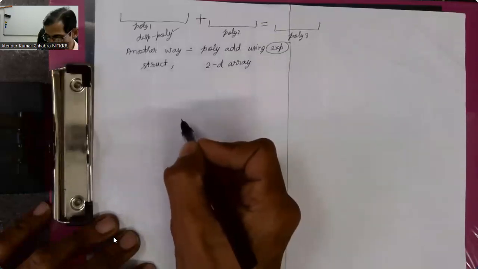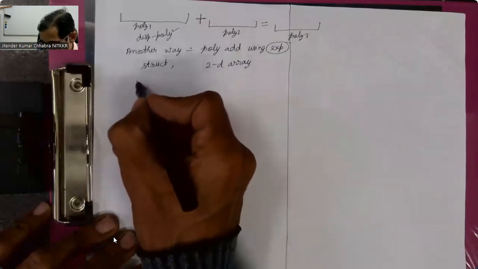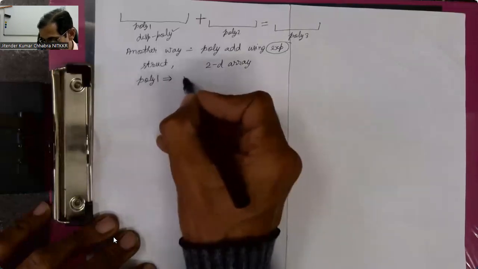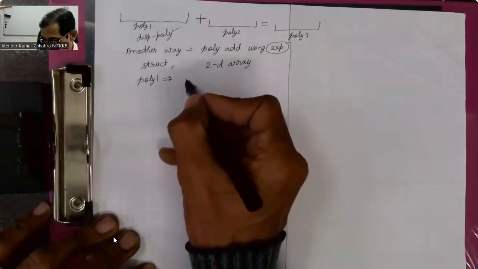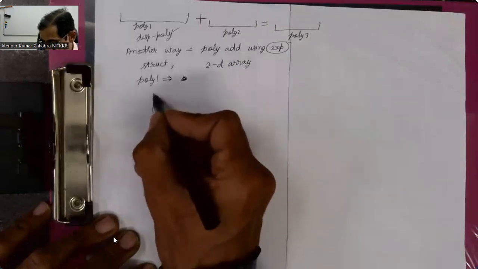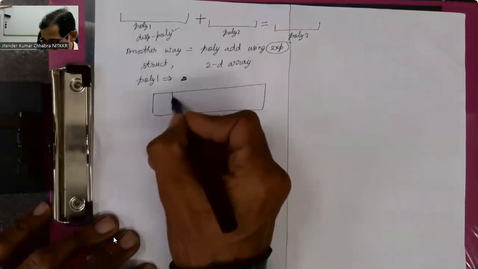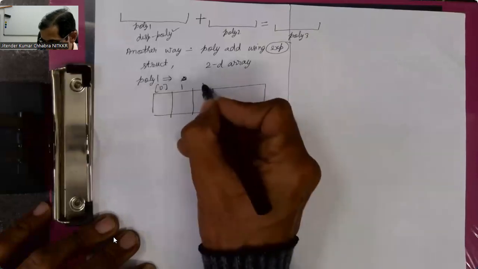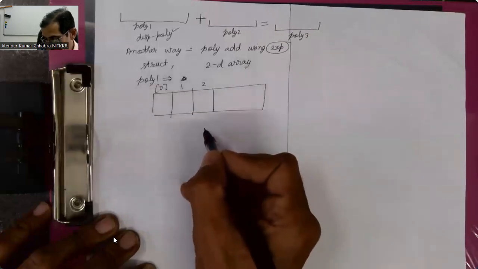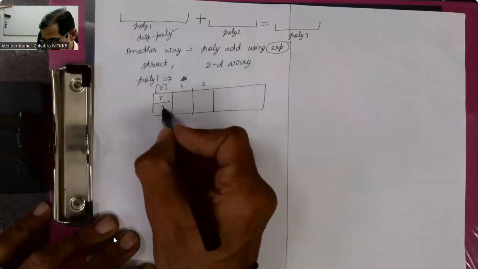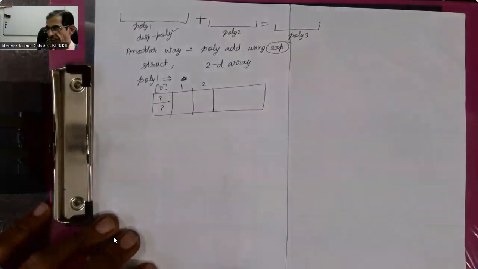2D array effectively means that my polynomial 1 or polynomial 2, etc. will be a 2D array, where I will say poly 1's index, or I will say row, first row. So let the polynomial be called a 2D array, term 0, term 1, term 2, and I say I am going to have one index stored in one dimension and the coefficient stored in another dimension.